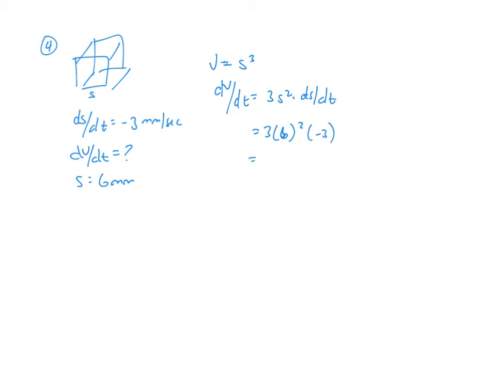So let's see, that is 36 times negative 9, I think, negative 3, 24, I don't know, that's what we're going with. So negative 324, the volume is being measured in millimeters cubed per second.